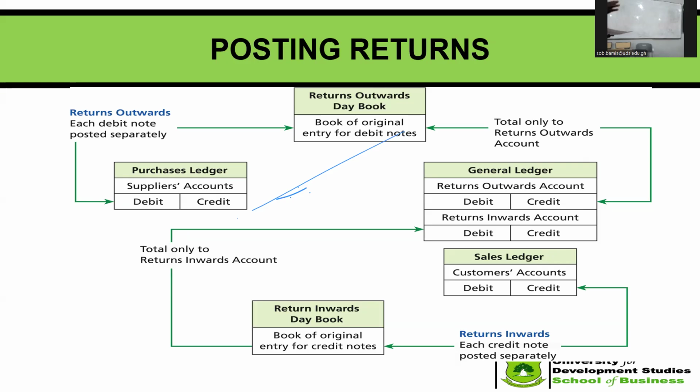So here, cash and bank will be one, and on the other side, we have capital. Absolutely capital. So here, what do we debit and what do we credit?